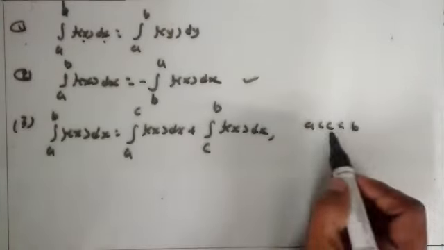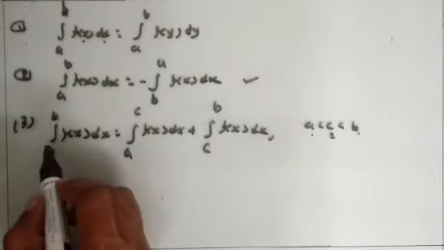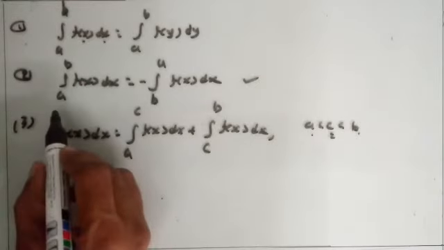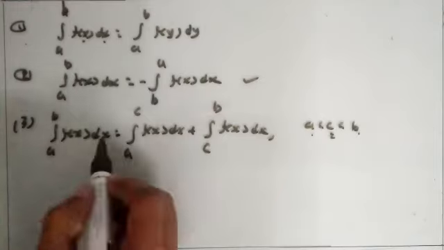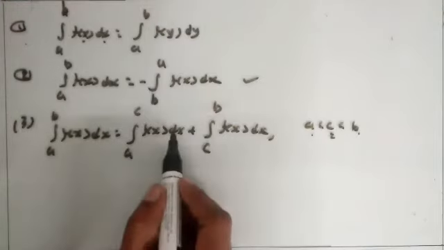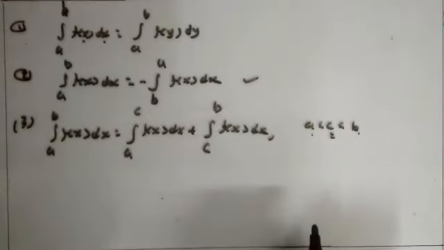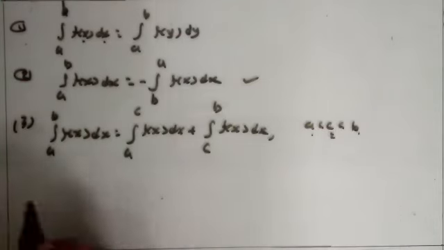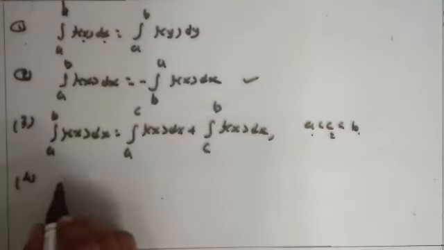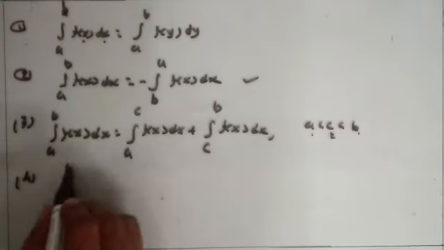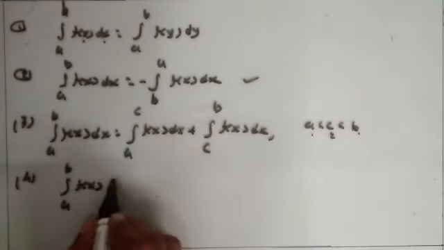Clear? If c lies between a and b, the lower limit and the upper limit, then a to b f(x) dx is equal to a to c f(x) dx plus c to b f(x) dx. Clear?